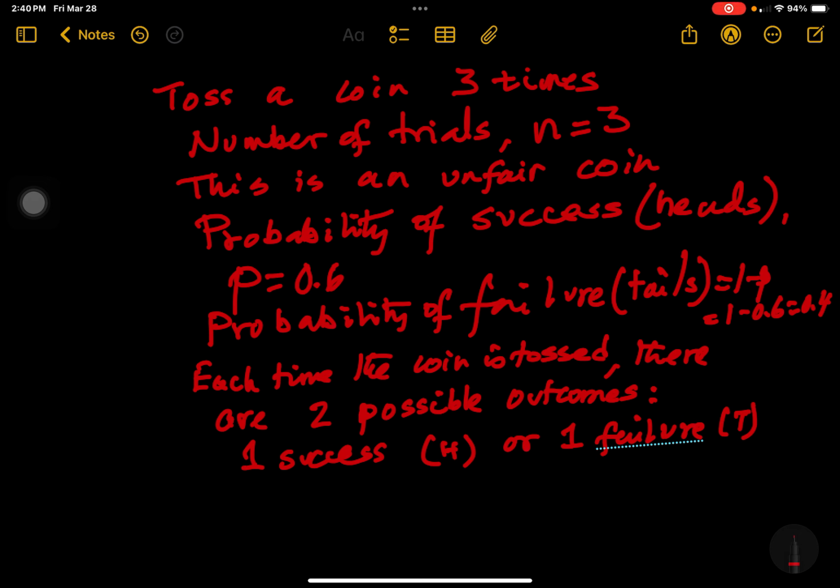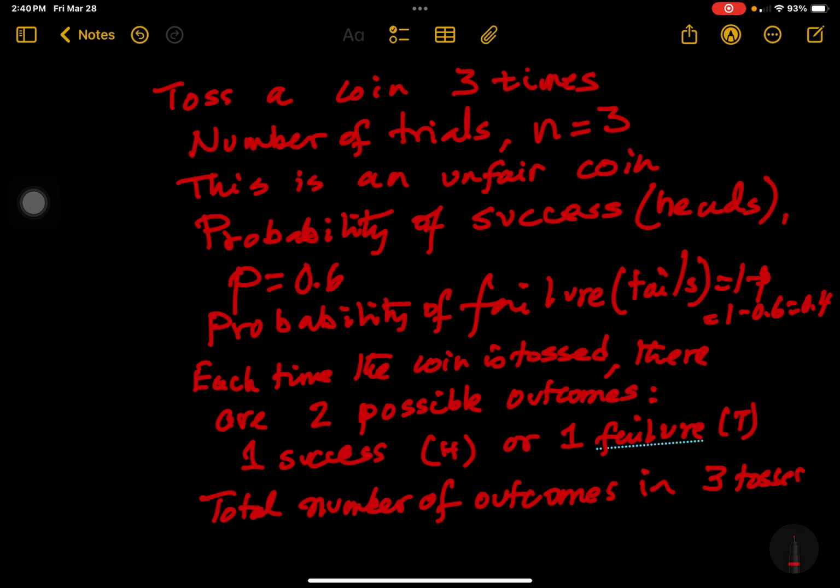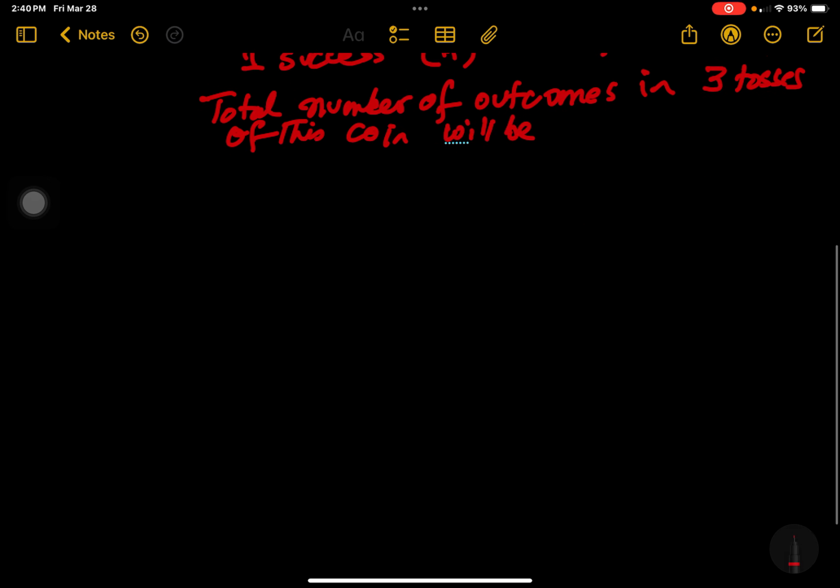So the total number of outcomes in 3 tosses of this coin will be 2 for the first one, multiplied by 2, multiplied by 2, is equal to 8.